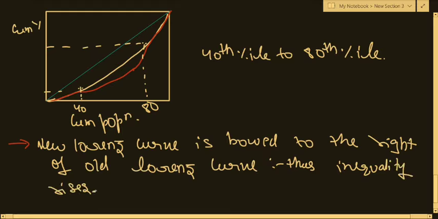The Dalton principle is satisfied. So we wanted to prove that through the Dalton principle, the new income distribution would be more unequal. Since this is bowed out more than L1, the white Lorenz curve, therefore the Dalton principle is satisfied.